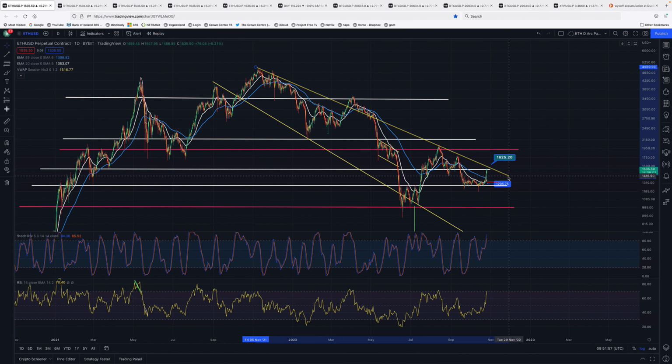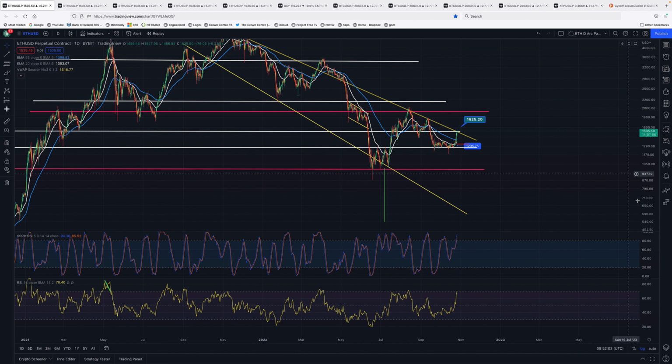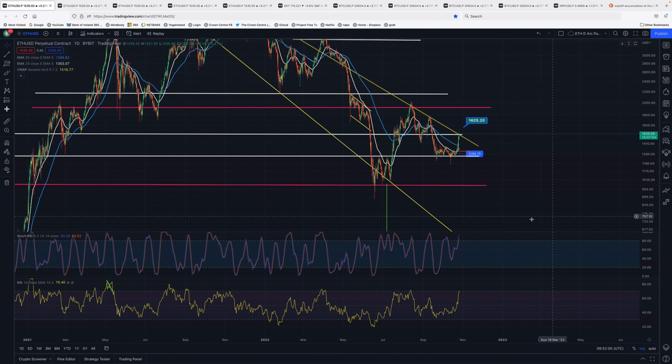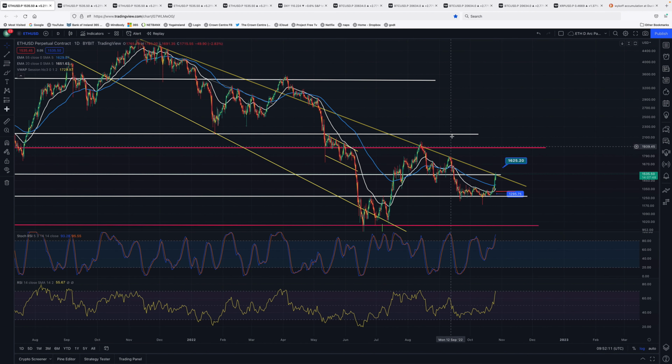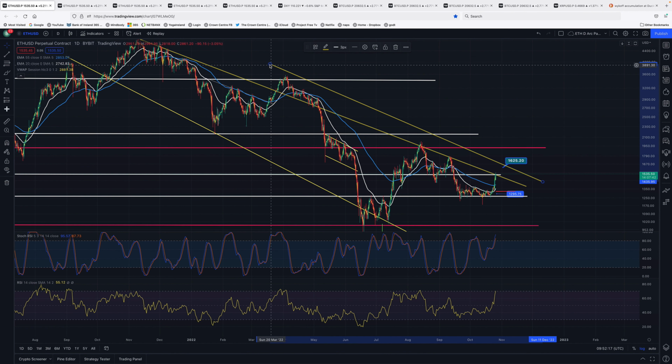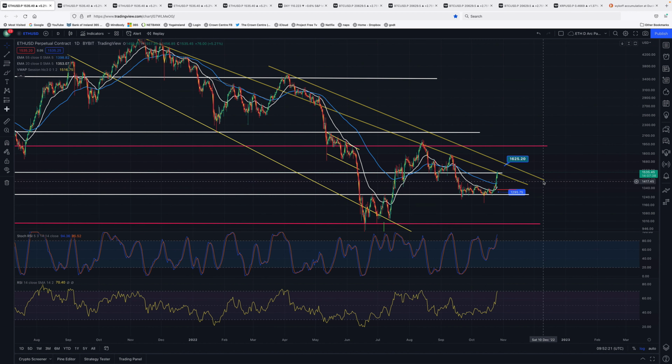So if we are to put this like so, here we are breaking this descending, I think it's like a broadening, descending wedge formation. So when we break out of it, we have an overflow area that we need to break as well. So that would be our vertical level.